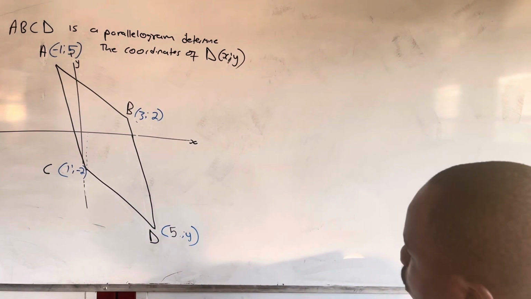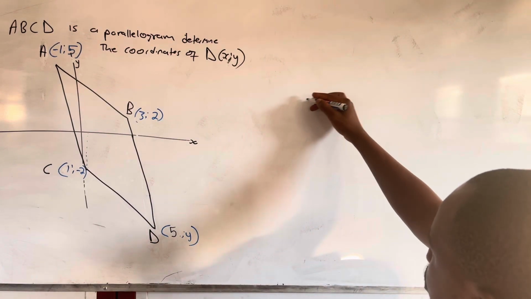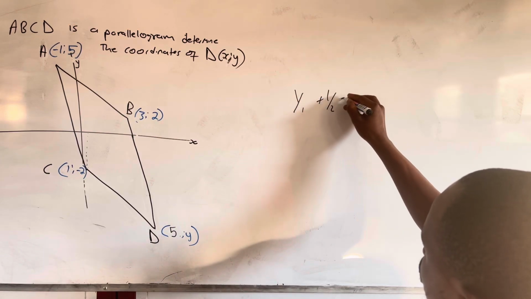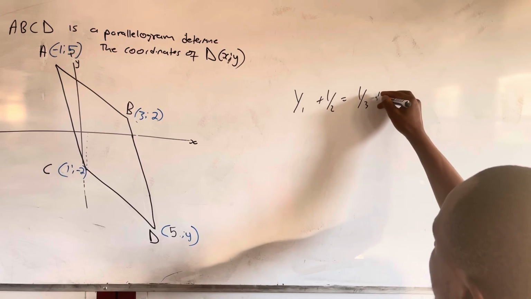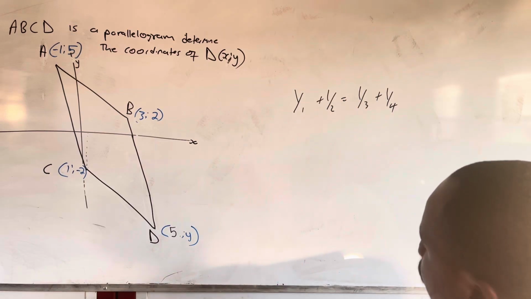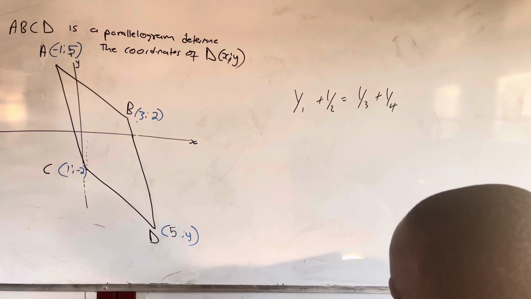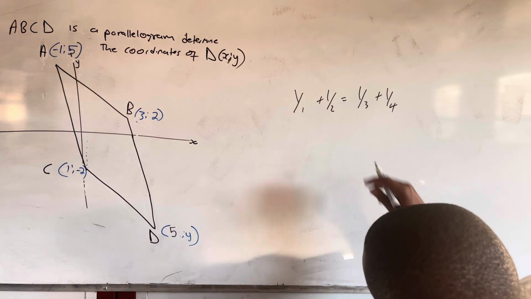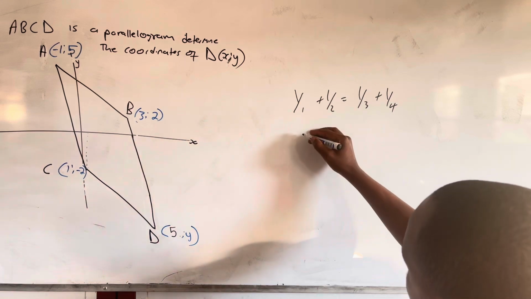So let's try for y. Our y will be y1 plus y2 equals y3 plus y4. So if this is your y1, it means your y2 must be at A.